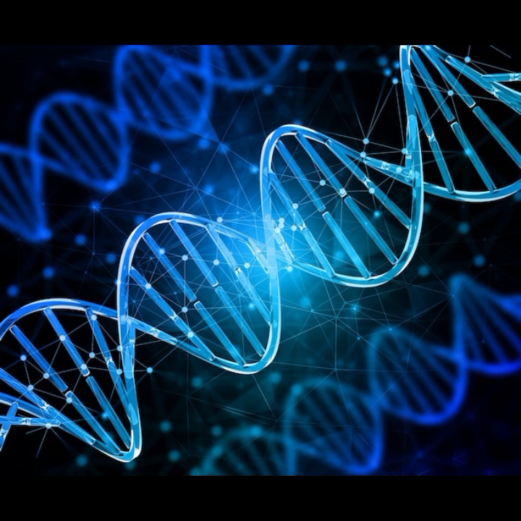A helix is a type of three-dimensional curve that goes around a central cylinder in the form of a spiral, like a corkscrew or a spiral staircase. The helix is a very popular shape in nature because it is very compact.